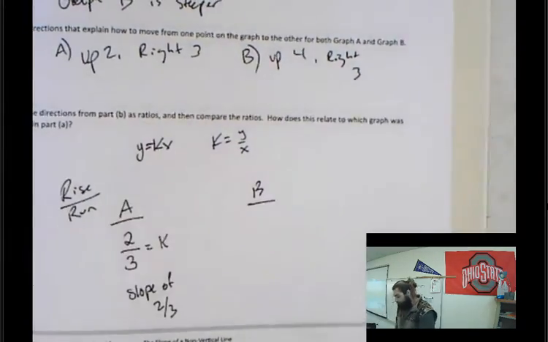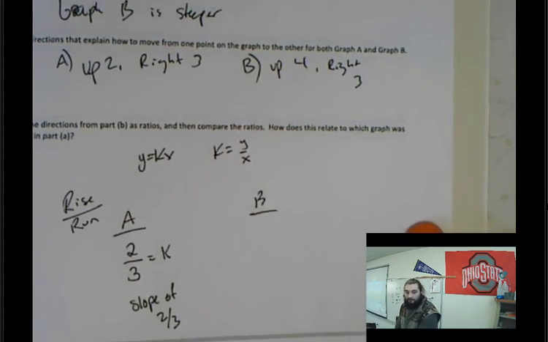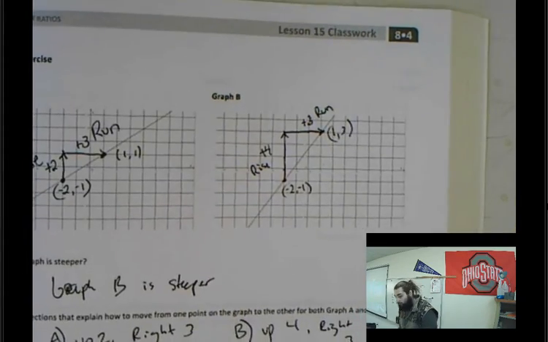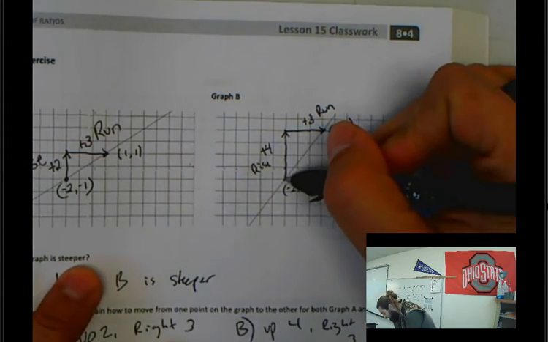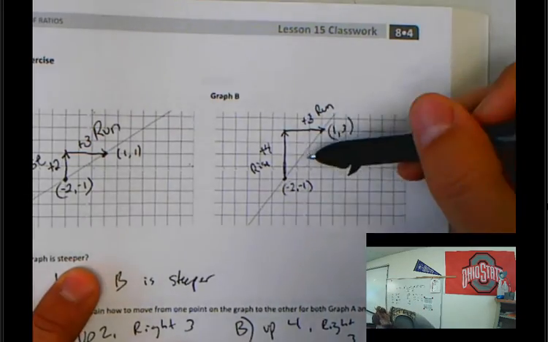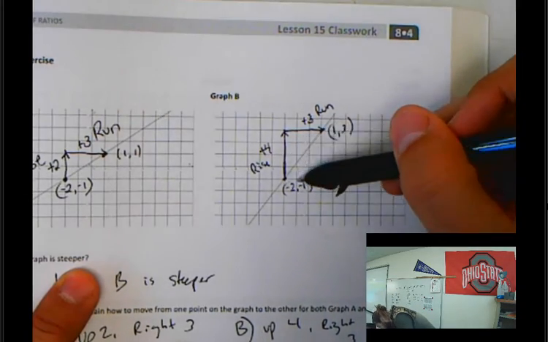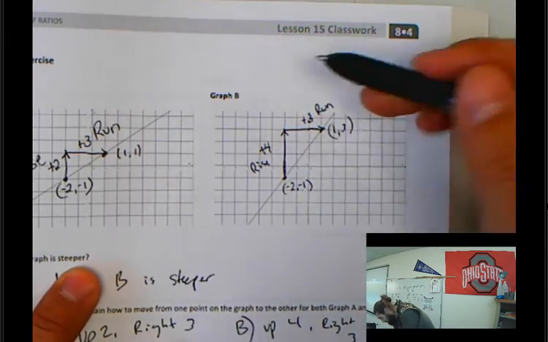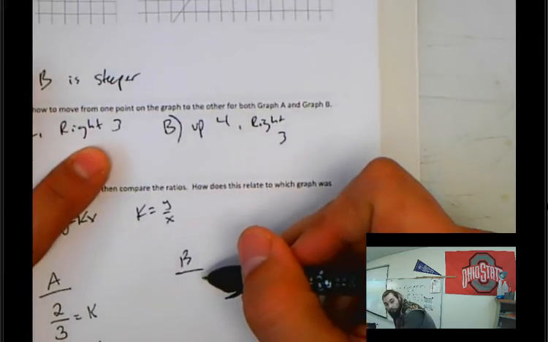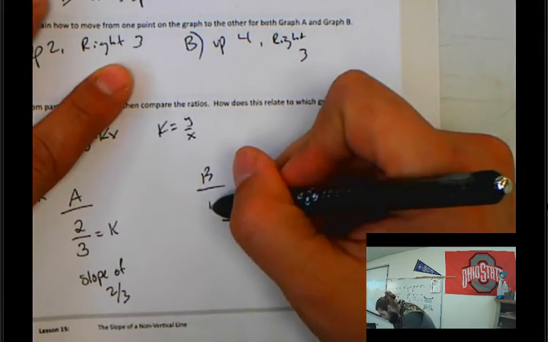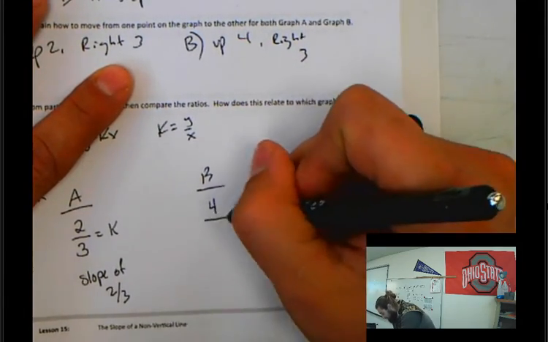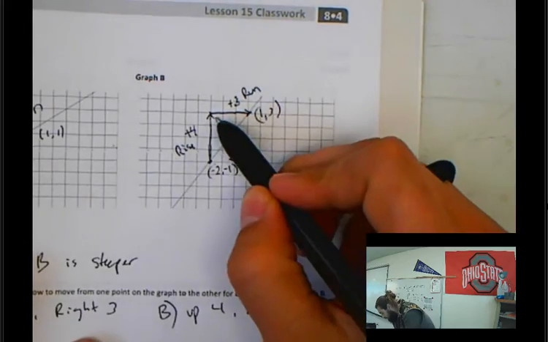For B, we would do the exact same process. So we're going to look at the difference in our vertical, which is our rise. So we're going to go up 1, 2, 3, 4. When we put that together in our ratio, that's going to go here. And then that's going to be over our run, which is to the right, which is 1, 2, 3.